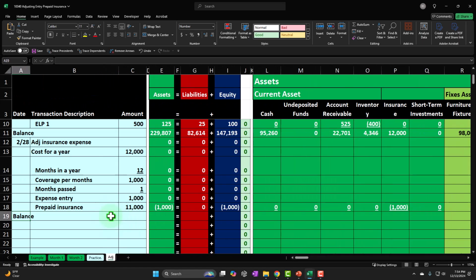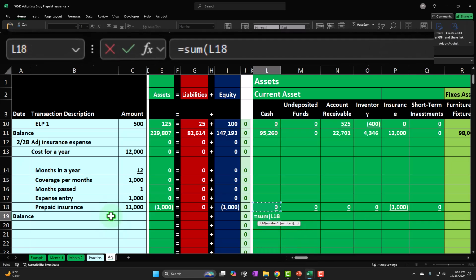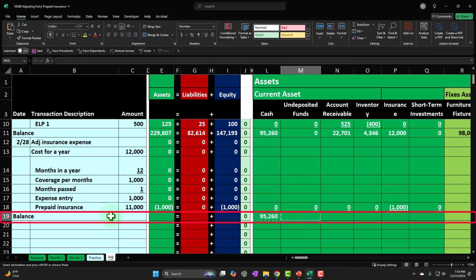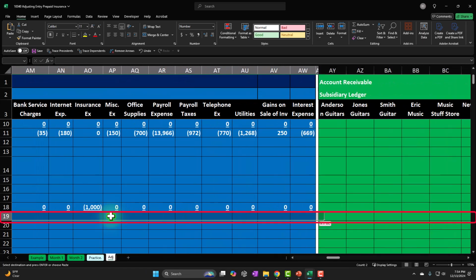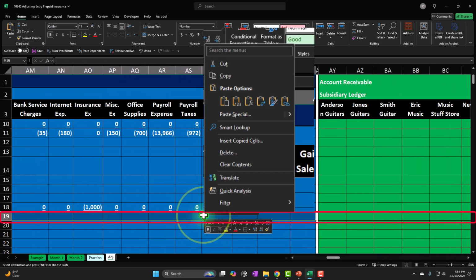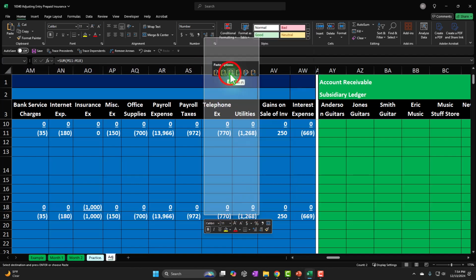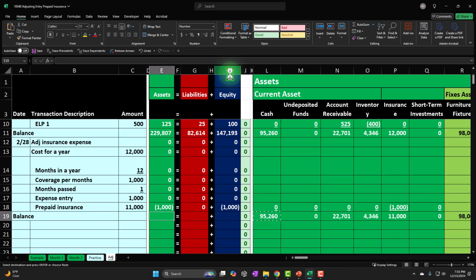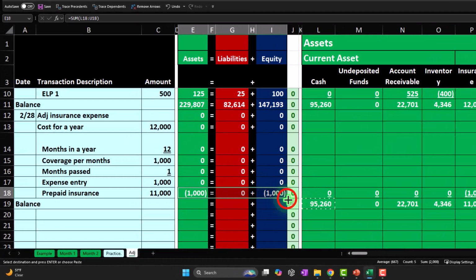And then we will sum up: equals the SUM, prior balance, current activity, enter, Control C, right arrow, holding down Shift, right arrow, boom. And then we're going to right click and paste just the formulae. And then, because the formulae don't lie, I'm going to select these three. And then I'm going to pull this down.